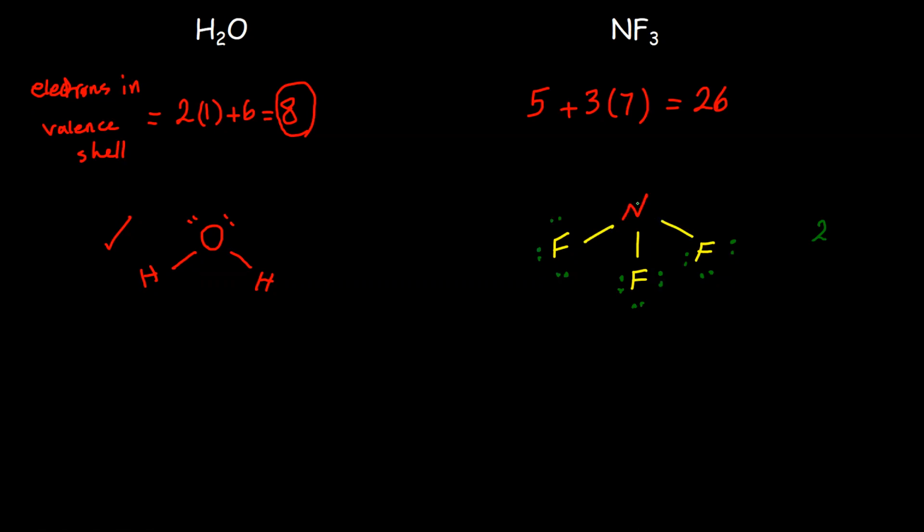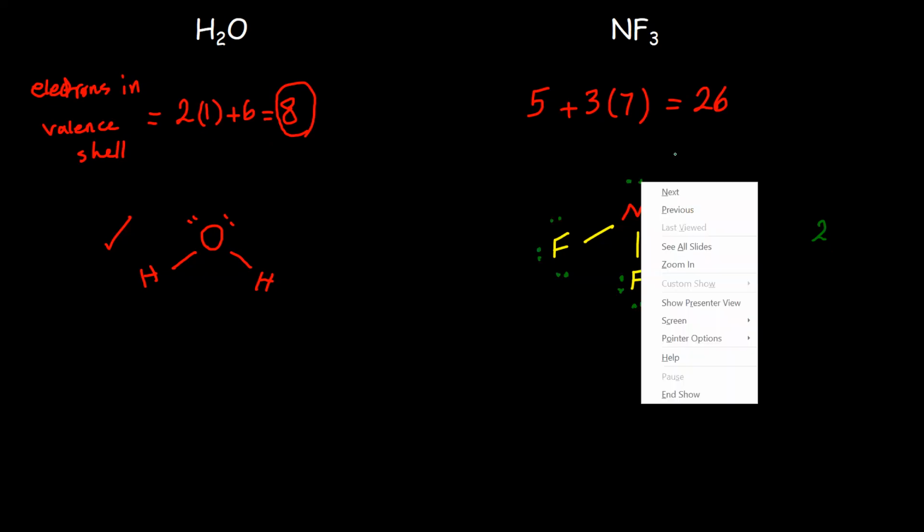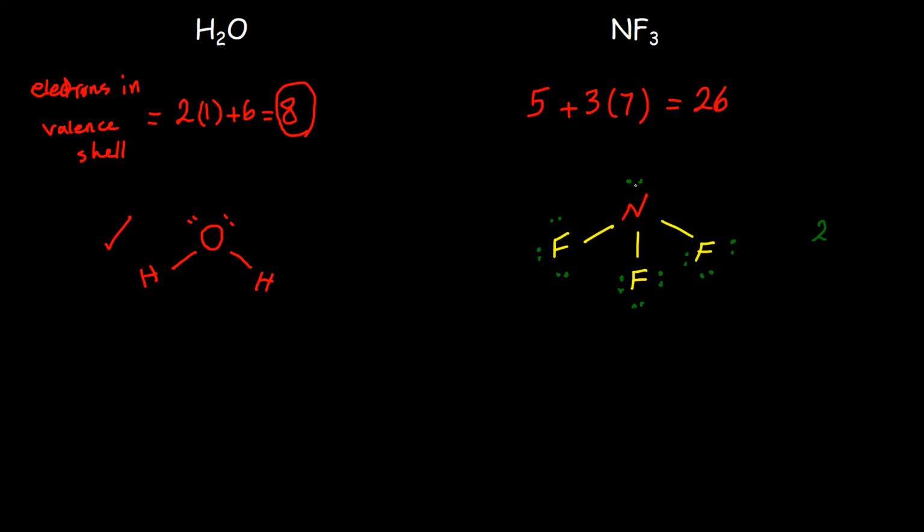Nitrogen needs 2 more electrons, and we have 2 leftover electrons. So we put these 2 electrons here. So we put 2 electrons for nitrogen, 1 and 2. So this is the Lewis diagram for NF3.